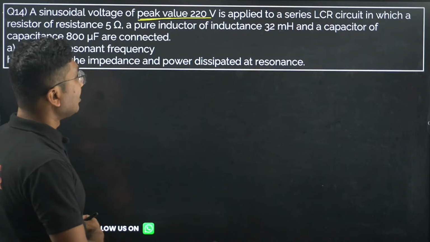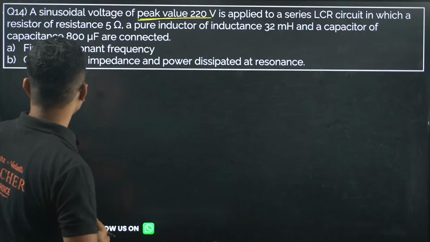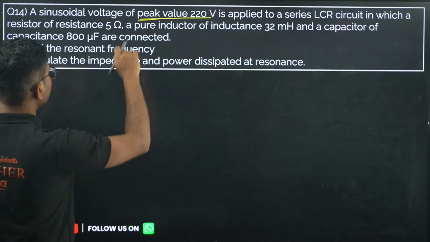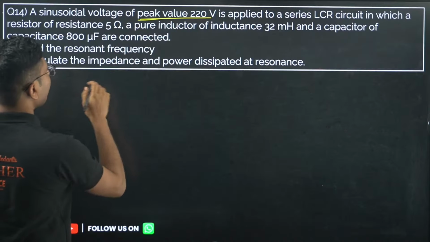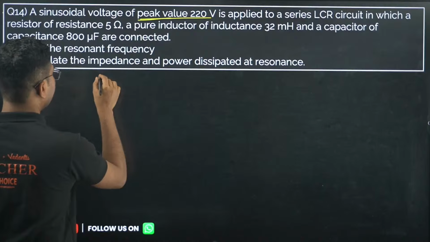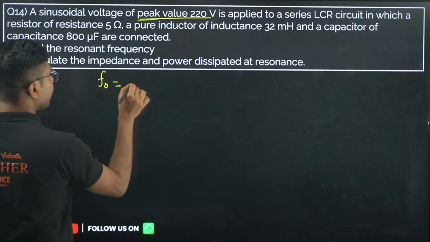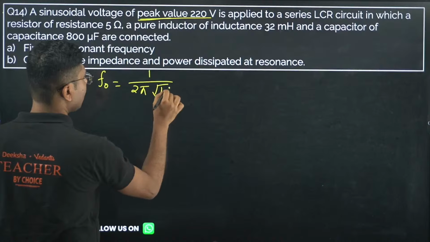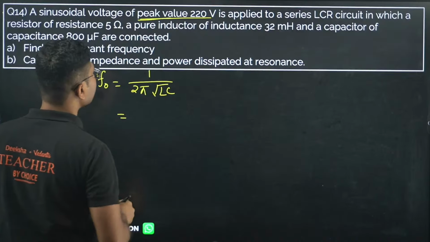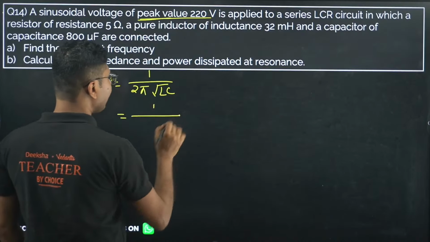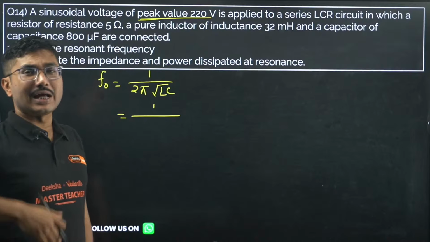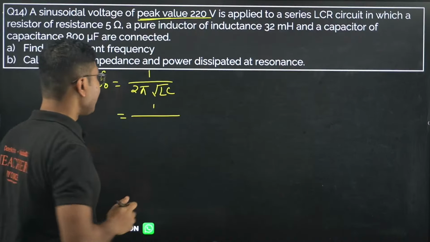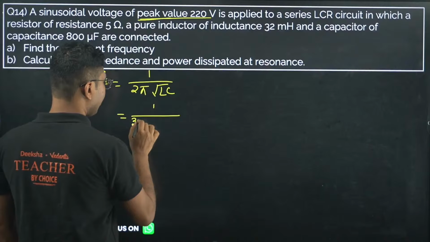Now let's see. First of all, we have to calculate the resonance frequency. Resonance frequency is 1 by 2 pi square root of L into C. Sometimes they will give you the resonance frequency and the inductor value and ask what the capacitance will be, so make sure you are prepared for that as well.